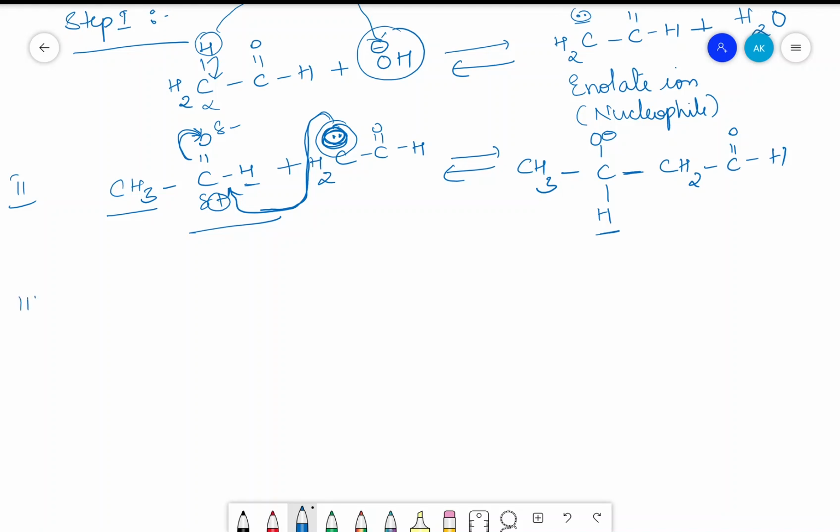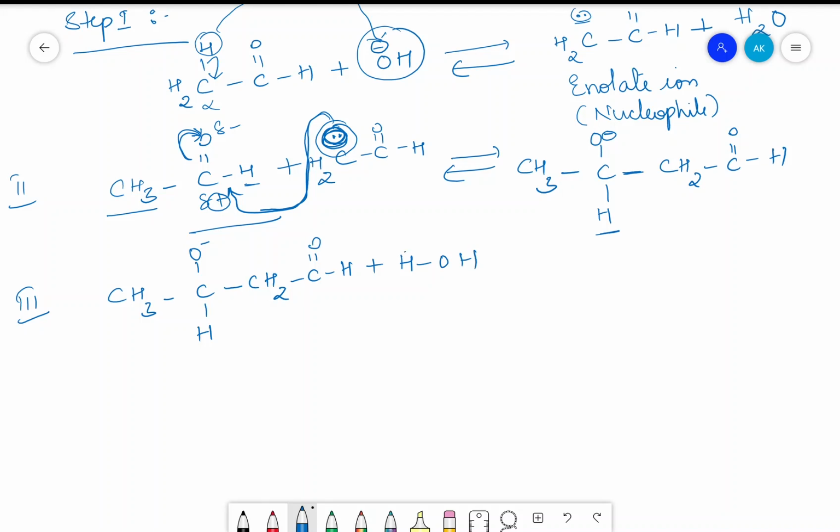The third step: the intermediate what we got here, we'll write as it is, CH3 CO minus H, CH2 C double bond OH, reacts with the water molecule which we got in our first step.